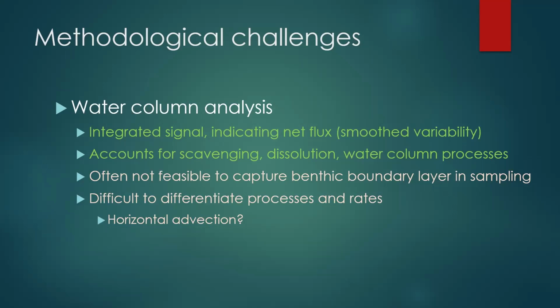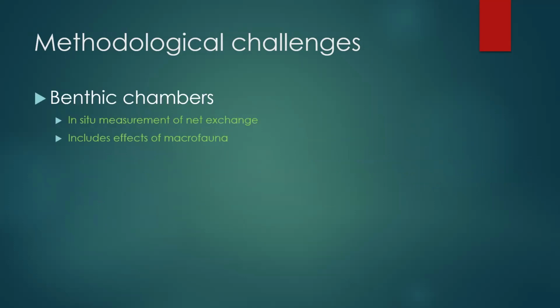It's also difficult to differentiate processes and rates. You're looking at the net result of the flux, but you don't really know what processes contributed to that, which doesn't help with a model quite as much. And horizontal advection is an example of something that can mess up those measurements.